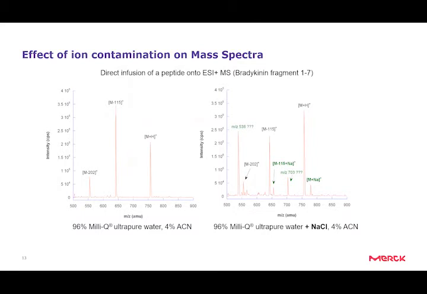When a small amount of sodium chloride was added to the water, even freshly prepared, with the peptide, we saw many more peaks, like adduct peaks, making the interpretation of the spectra much more complex. So watch out for ionic contamination whenever you are doing LCMS, not only for microorganisms.